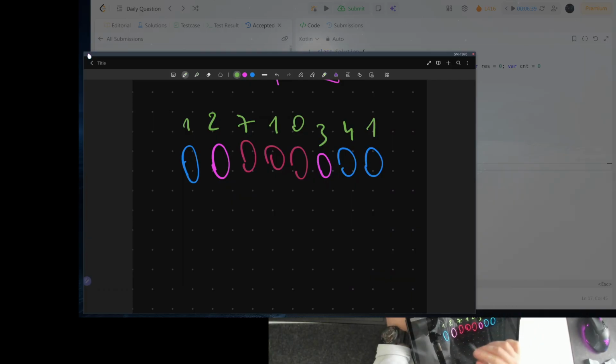They ask us to make this string of balloons unique, so we have to remove some balloons from here and from here.